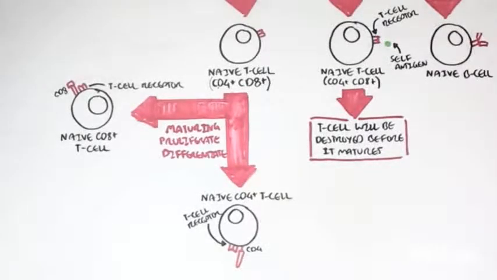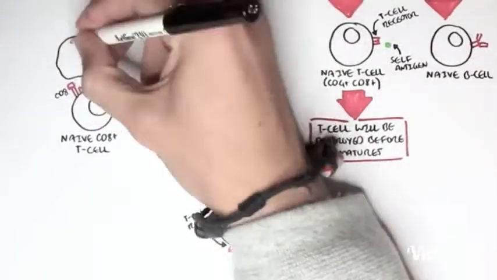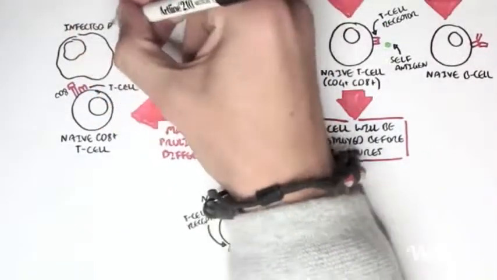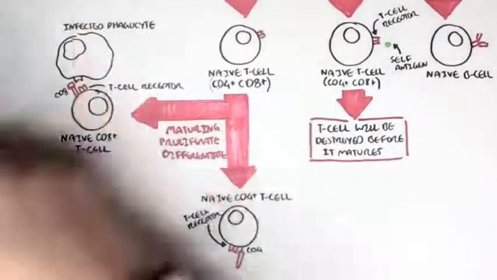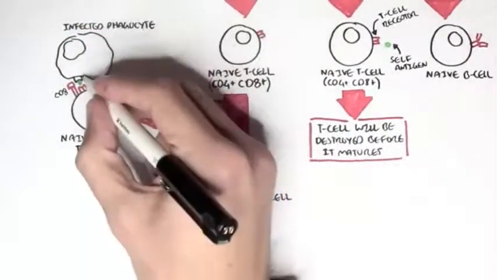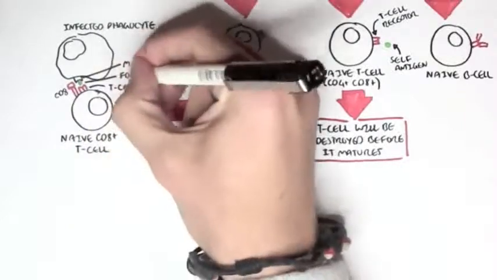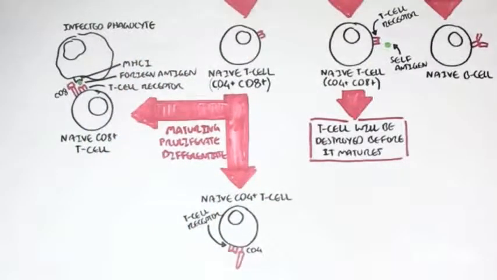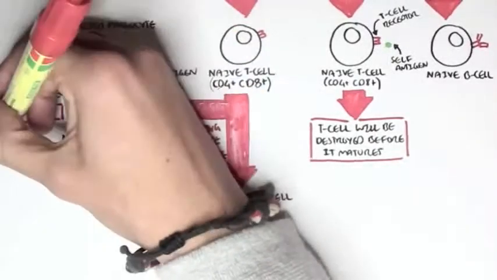The naive CD8 T cell will become activated when an infected antigen presenting cell, such as a phagocyte, presents an antigen on an MHC class 1. So the phagocyte will present a foreign antigen to the naive CD8 T cell via the MHC class 1, which stands for Major Histocompatibility Complex class 1.